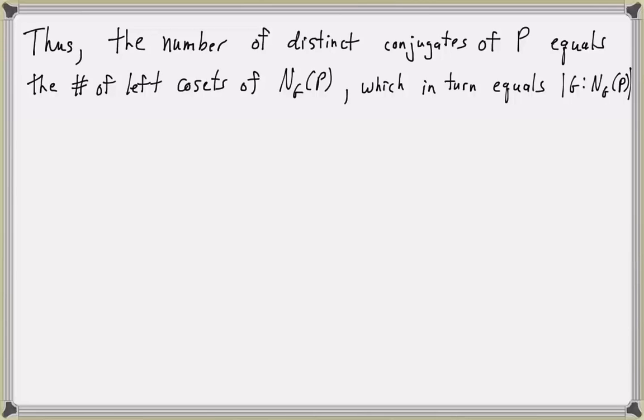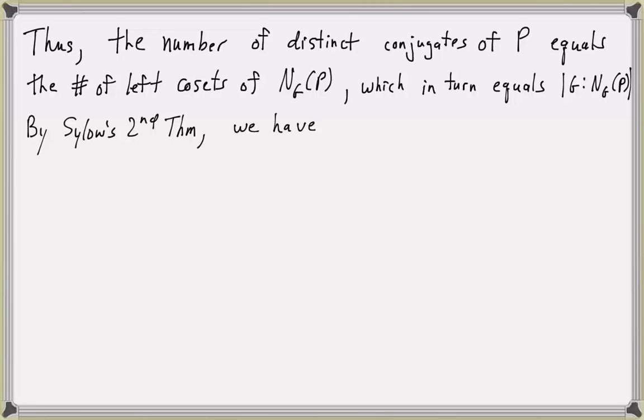Now, the number of distinct conjugates of P equals the number of Sylow P subgroups of G by Sylow's second theorem, which again tells us that any two Sylow P subgroups are conjugate.